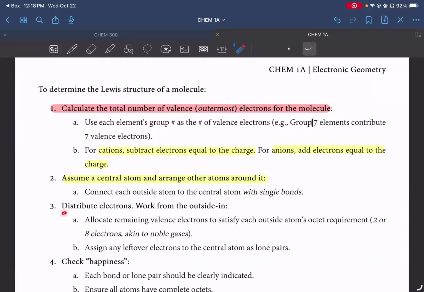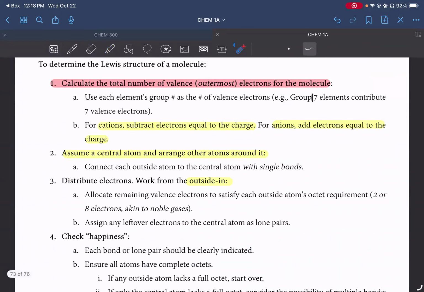Step 3, distribute electrons working from the outside in. We are going to allocate the remaining valence electrons to satisfy each atom's octet requirement. Remember that the octet requirement can be 8 and sometimes 2 if it's close to helium, where again, we're ultimately trying to get as close to noble gases as possible.